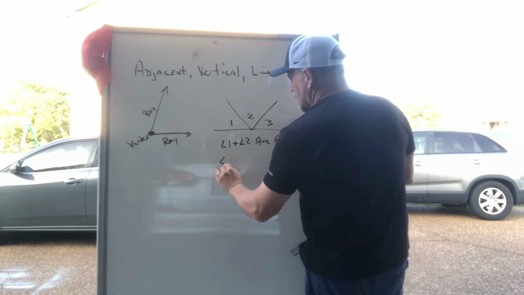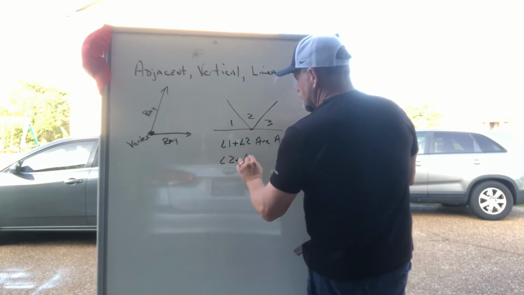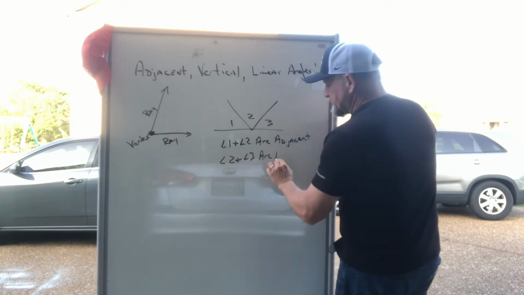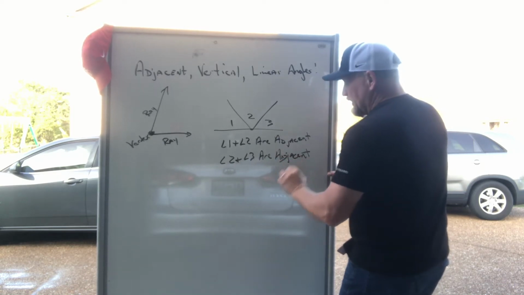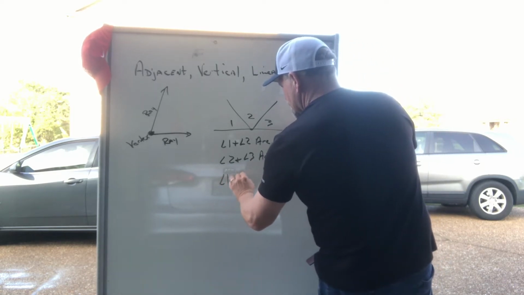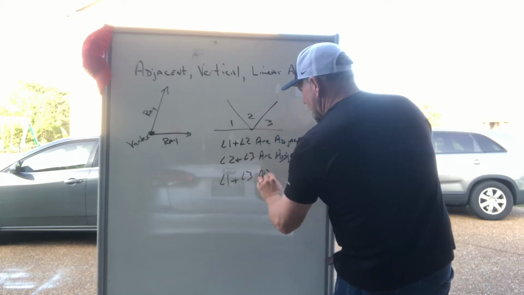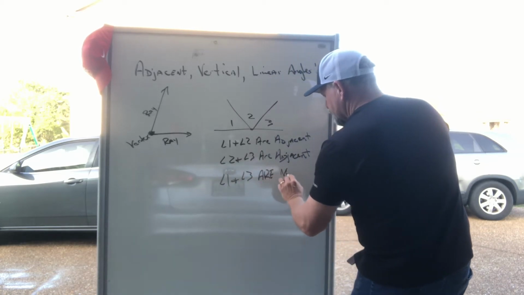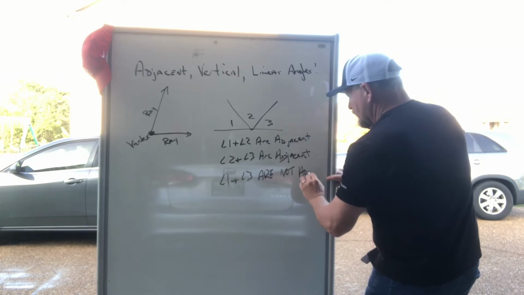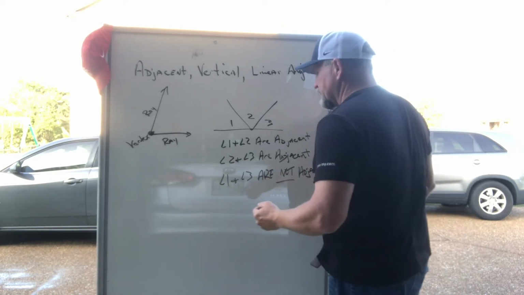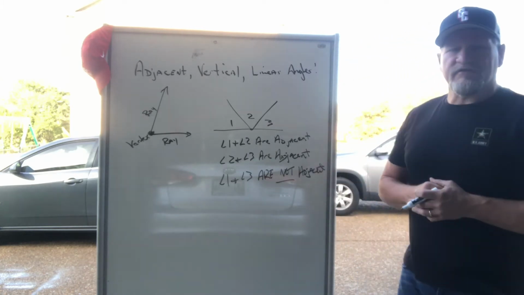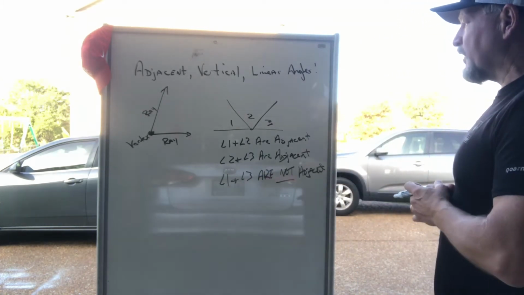Angle 2 and angle 3 are adjacent. Angle 1 and angle 3 are not adjacent. That's a decent little example right there to let you know what's going on.